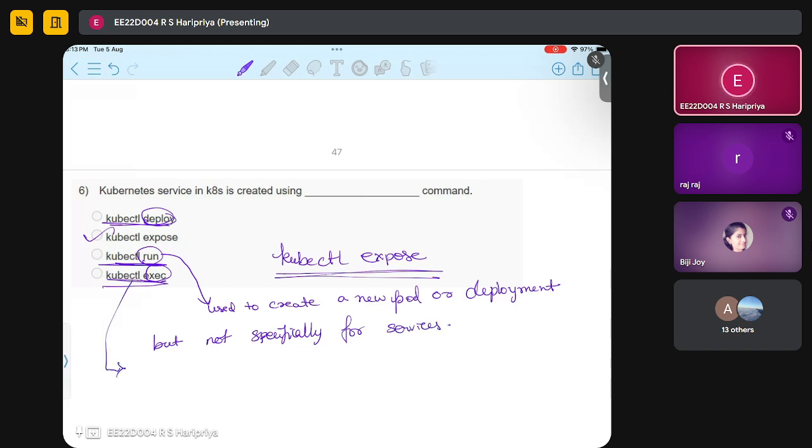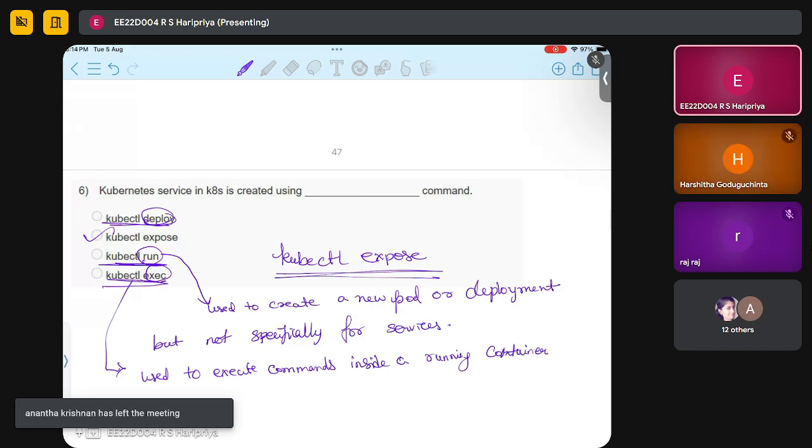And this command is used to execute a command inside a running container.